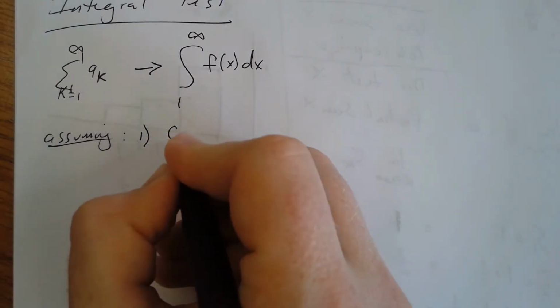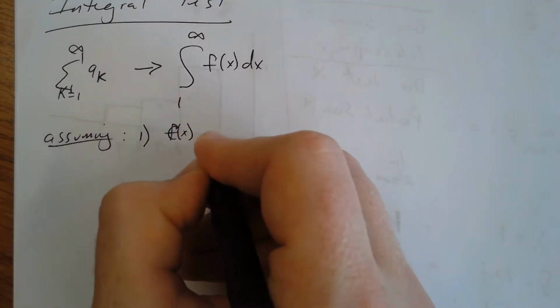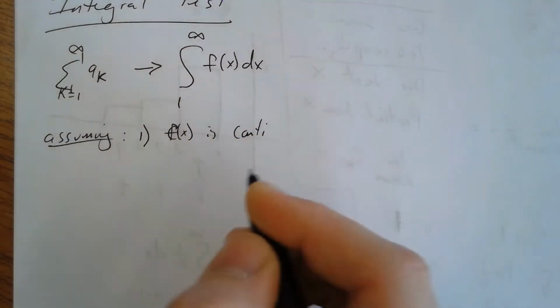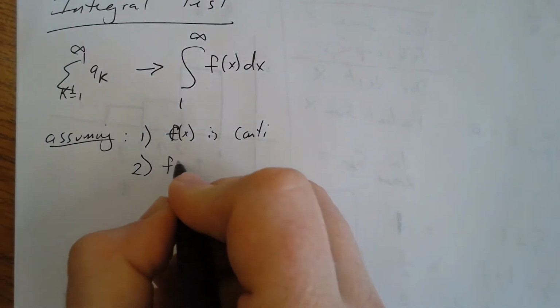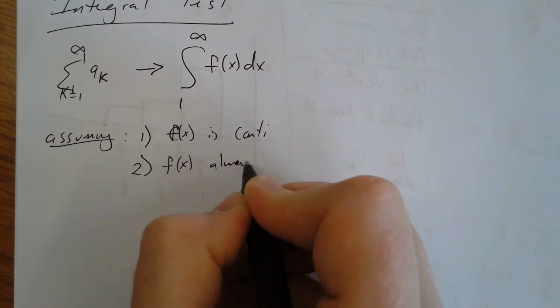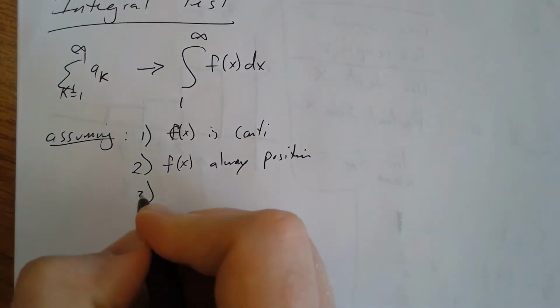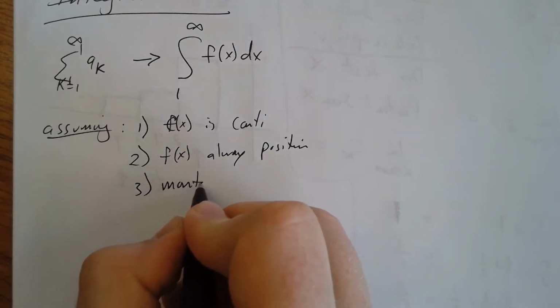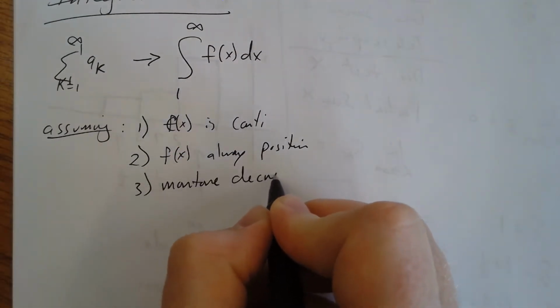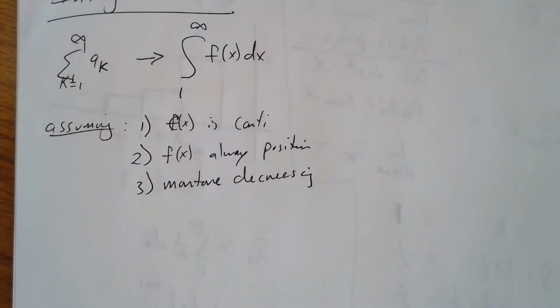Number one, that the function f of x is continuous. Number two, that the f of x function is always positive. It'll throw things off if it's not. And number three, that it is monotone decreasing, meaning that it's never actually going to be increasing.